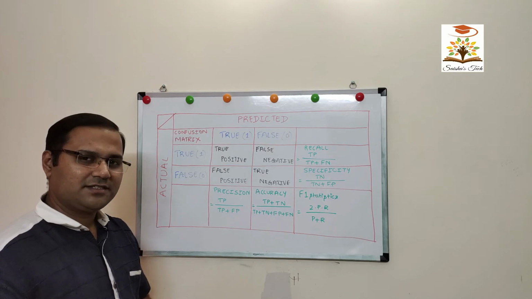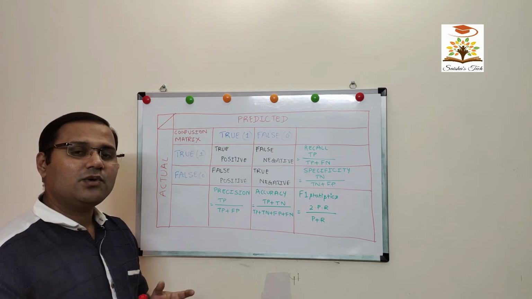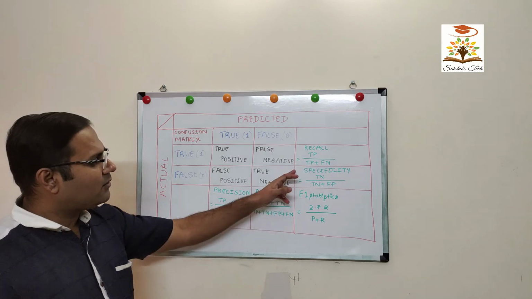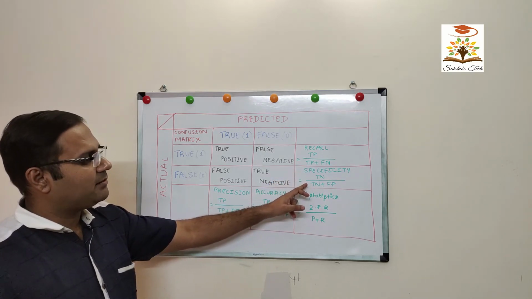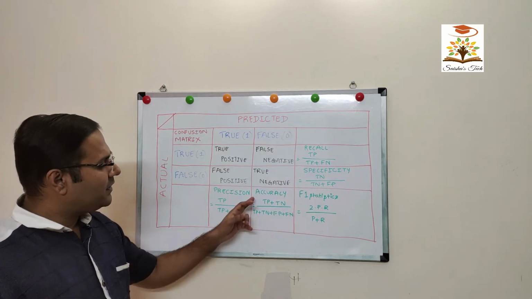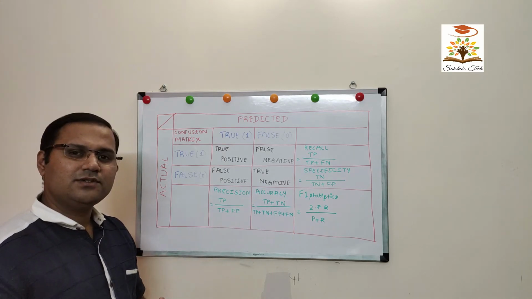Specificity is another metric wherein you are trying to measure the rate of true negatives which are correctly identified. The formula for specificity is true negative divided by true negative plus false positive. We have accuracy as a term which is widely used in industry.